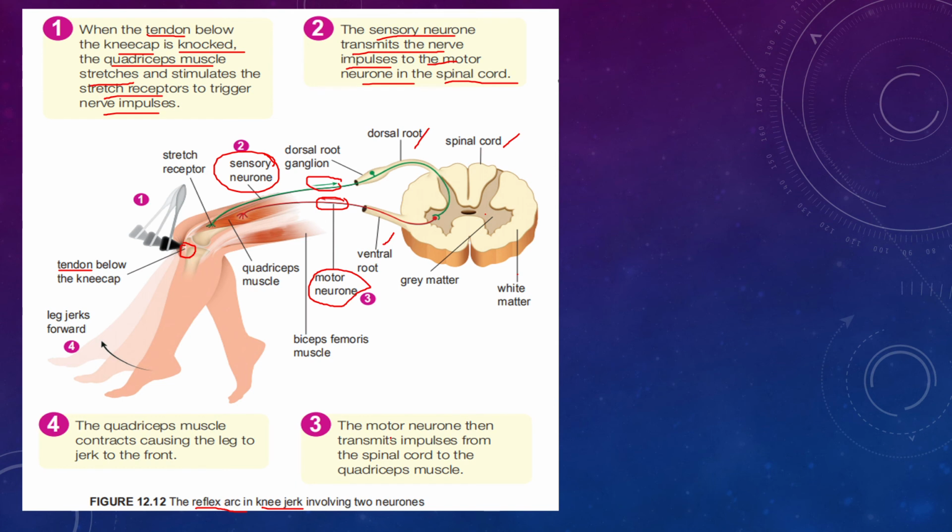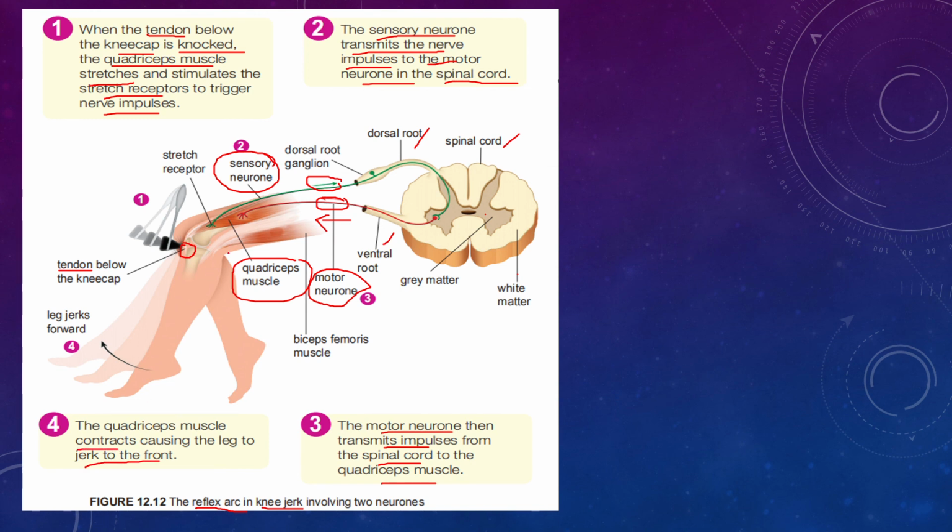Next, this motor neuron is going to transmit impulses from the spinal cord to the quadriceps muscles. You see the arrow to the quadriceps muscles. These are the quadriceps muscles. The response is that the quadriceps muscles contract, causing the leg to jerk to the front.